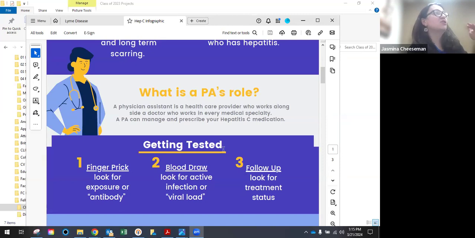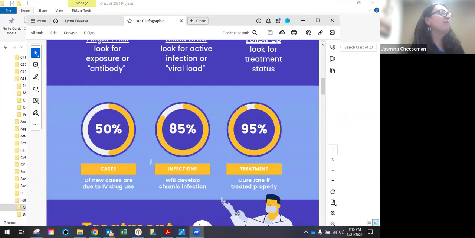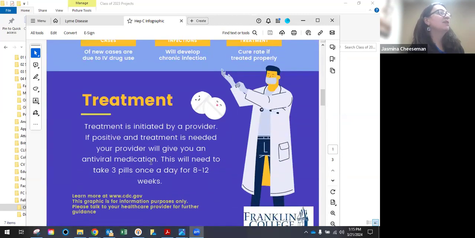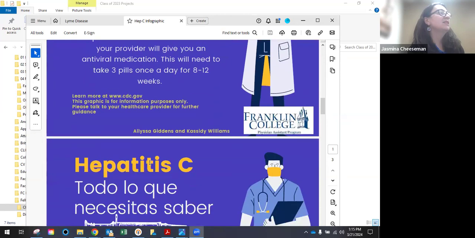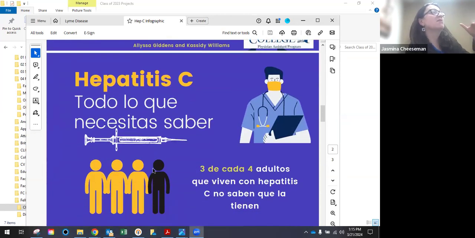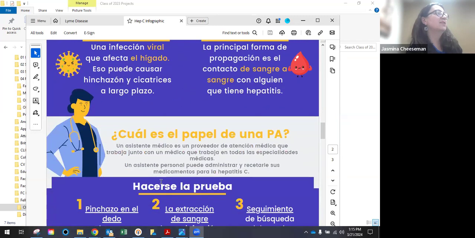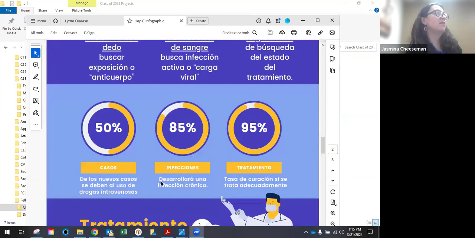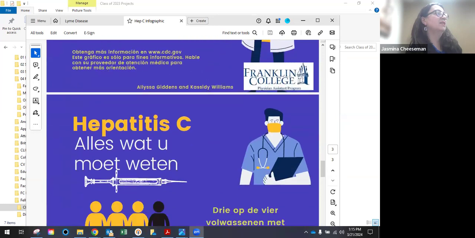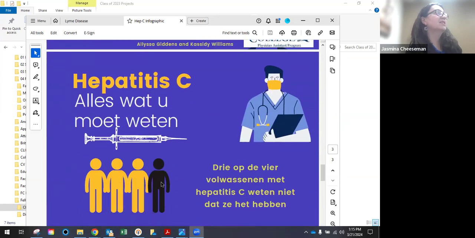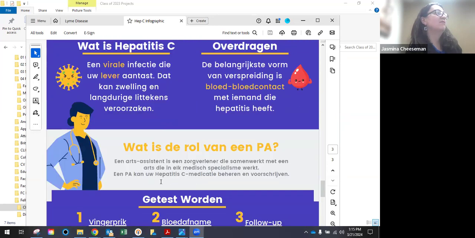So that was an additional layer there. And then here's the treatment. And then you can see the same pamphlet or infographic that they have translated into Spanish. The same information. They did a great job there. Right? And then one into French as well.